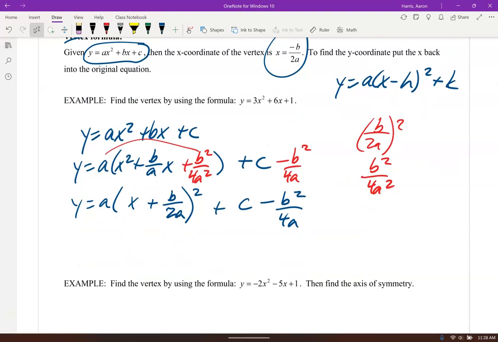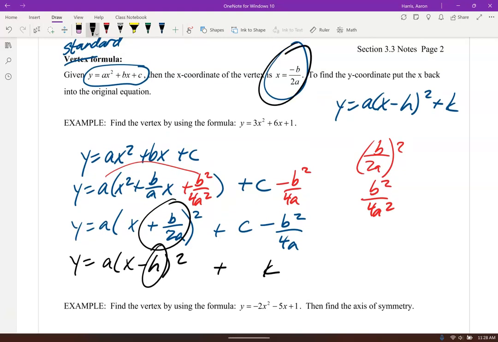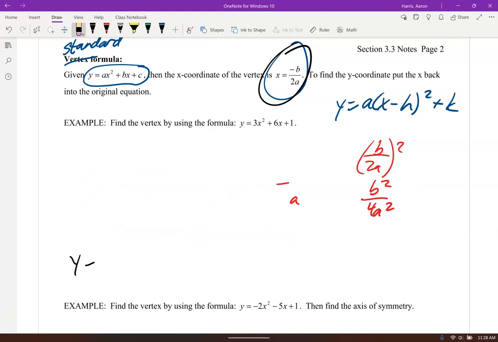So you can see from my completing the square on this, there's my h. It's negative b over 2a. So that's where you get that axis of symmetry from the standard form. So then you don't have to complete the square every time.